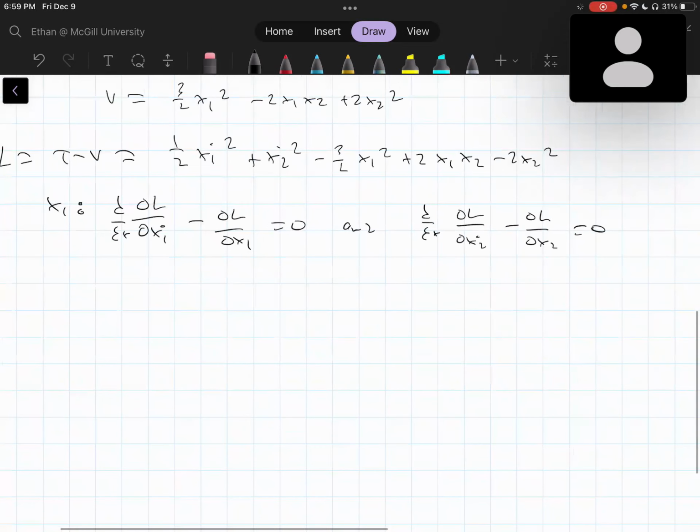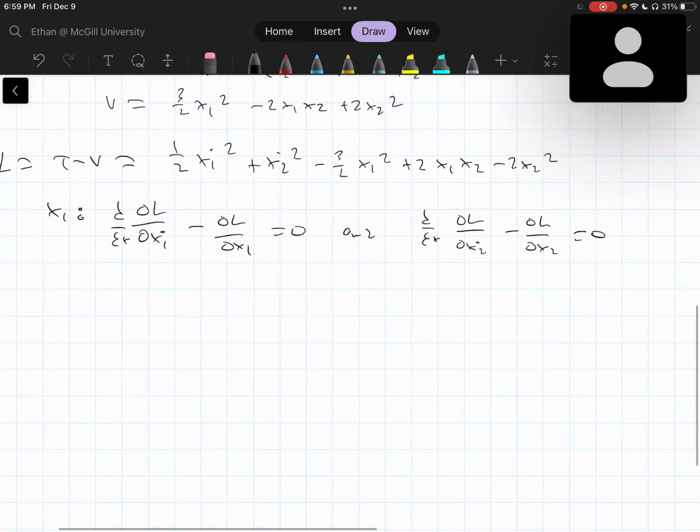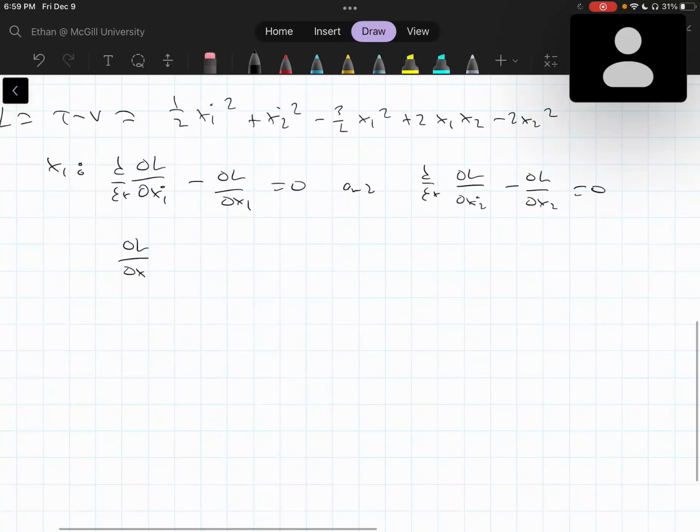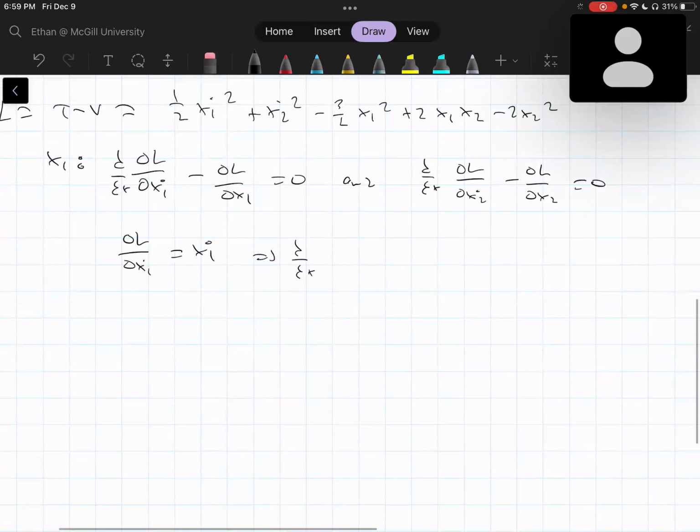So we're going to have to solve these two equations, not just replacing x1, x2, which are positional variables, with the q in the general equation. First we'll solve partial L by partial x1 dot. That's going to be equal to x1 dot. And then d by dt of x1 dot is just x1 double dot.